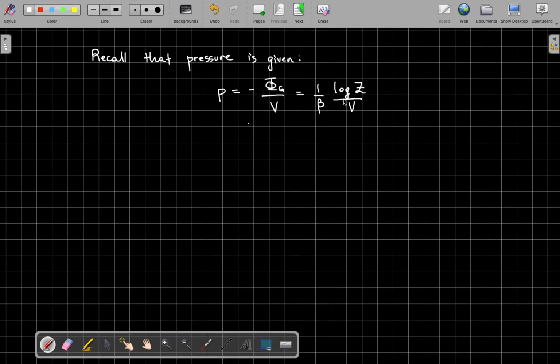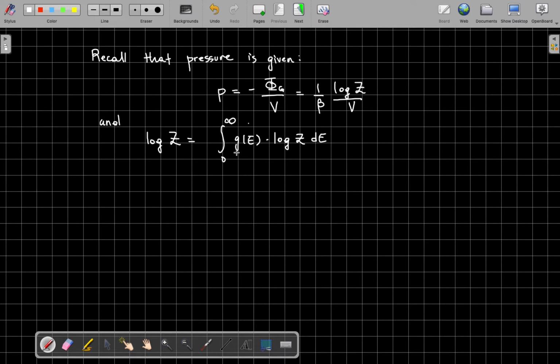Next, we have to calculate this log of Z. Well, we're going to do the integral approximation. So we're going to do the density of states times log of Z dE from 0 to infinity.